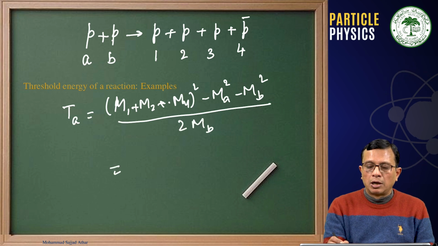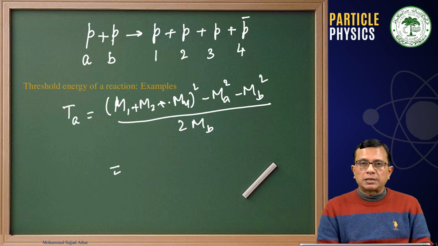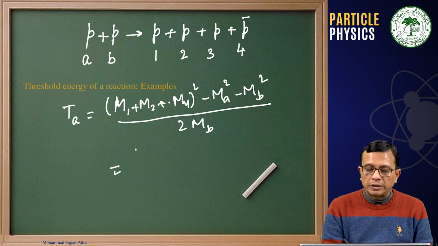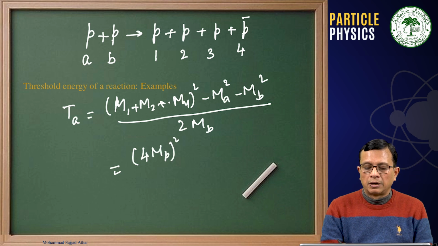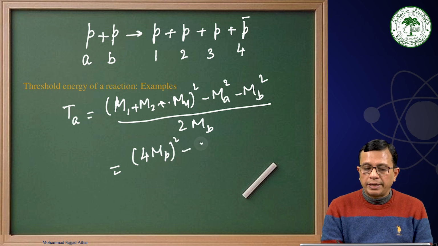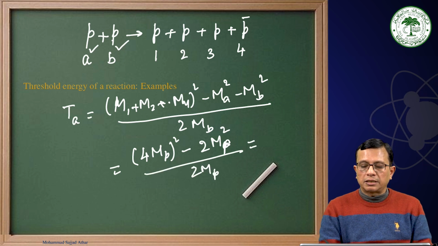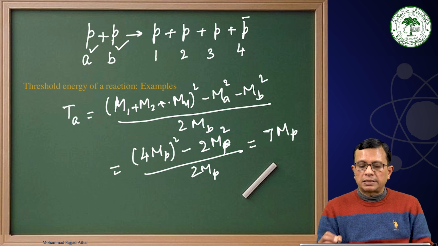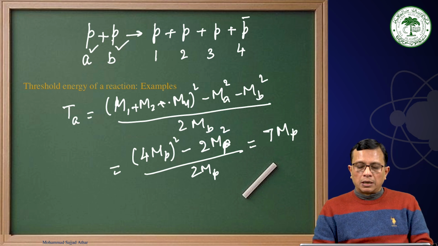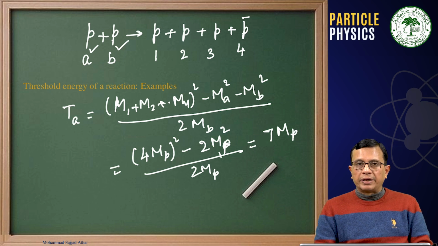Since antiproton has the same mass as that of proton, there are 4 times the mass of the proton, minus 2 MP square for this particle, MP square for another particle. Therefore, this is MP square upon twice MP, and this is nothing but 7 MP.